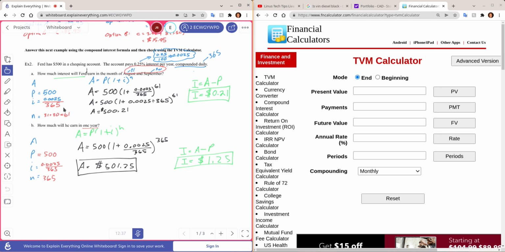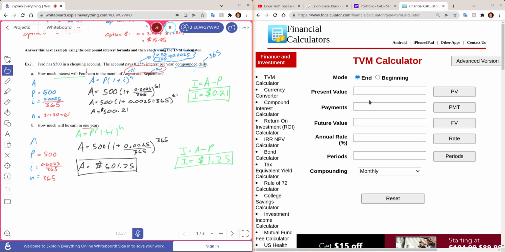Now, for this problem, all we really have to do is say what our annual interest rate is. So when we're looking at question A here, it says how much interest will he earn in a month from October to September. Now, it says we have 0.25% interest per year.